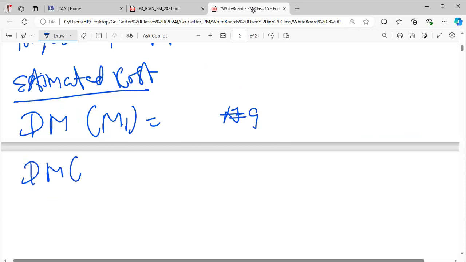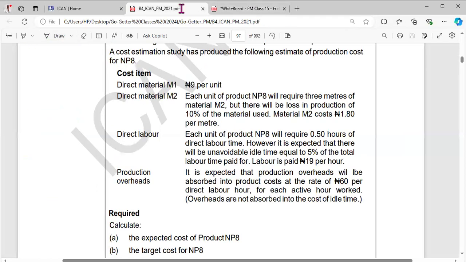Direct material, M2. How much is it? Each unit of the product will require 3 meters of material M2, but there will be a loss in the production of 10% of the material used. Material M2 costs 1.80 per meter.